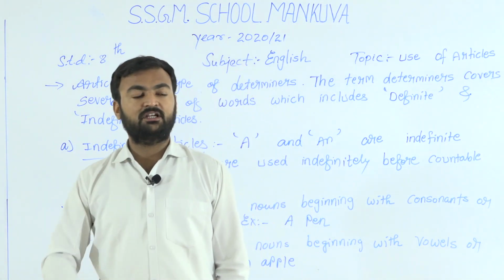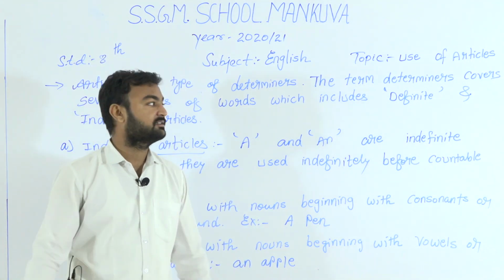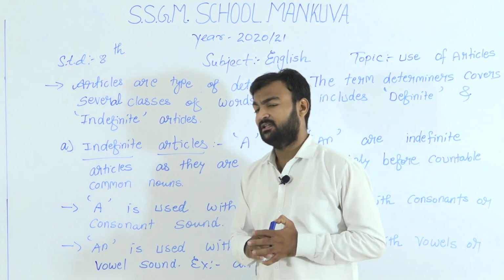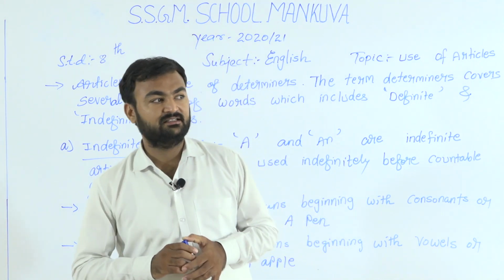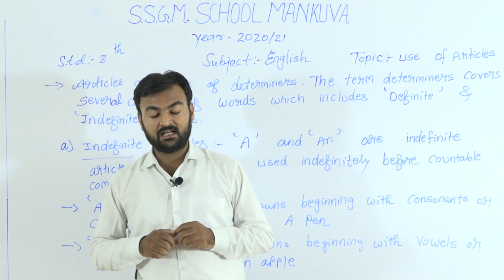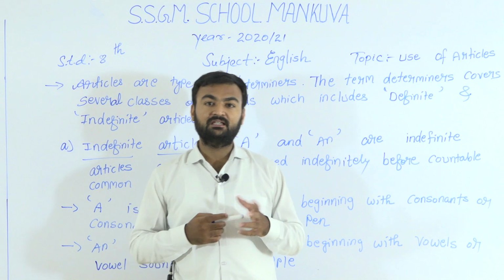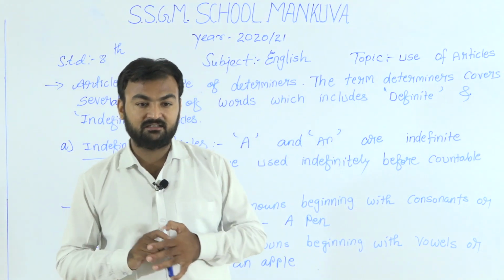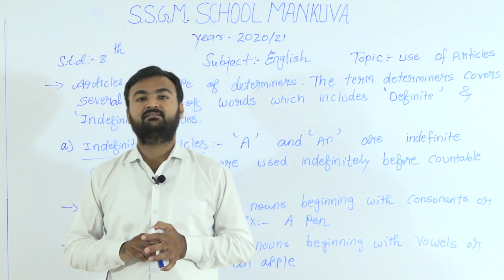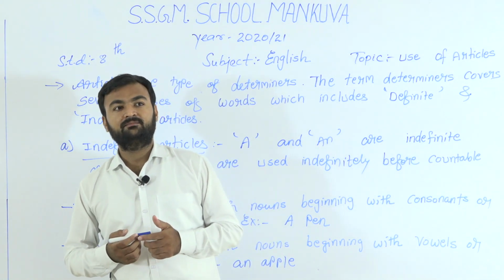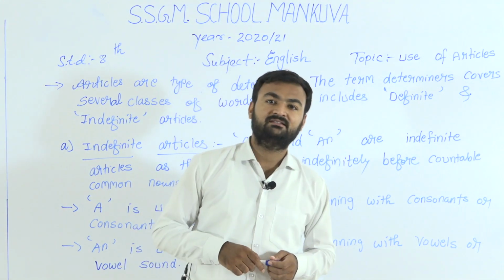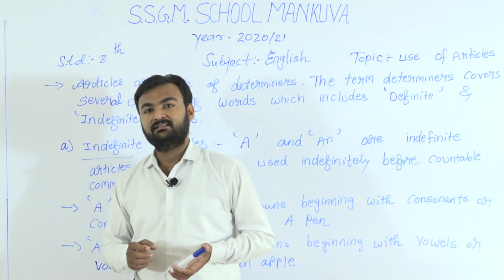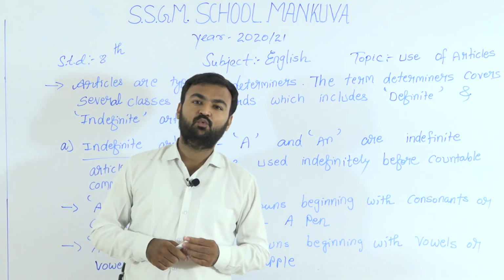Okay, students, we know that in the English alphabet there are a total of 26 letters, from A to Z. From those 26 letters, there are 5 vowels, that is A, E, I, O and U. And the remaining 21 letters are known as consonants, that is B, C, D, F, G, H, J, K, L, M, N, P, Q, R, S, T, V, W, X, Y, Z.